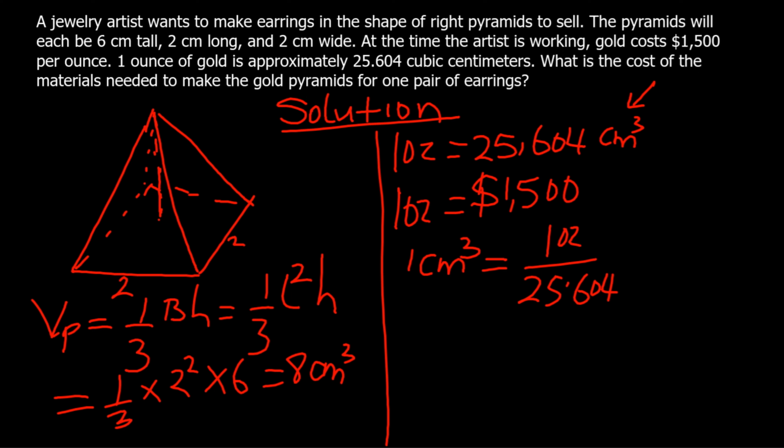Therefore the volume of this pyramid of the earring would be equal to 8 times, since 1 cubic centimeter is 1 ounce over 25.604, 8 times 1 ounce all over 25.604.